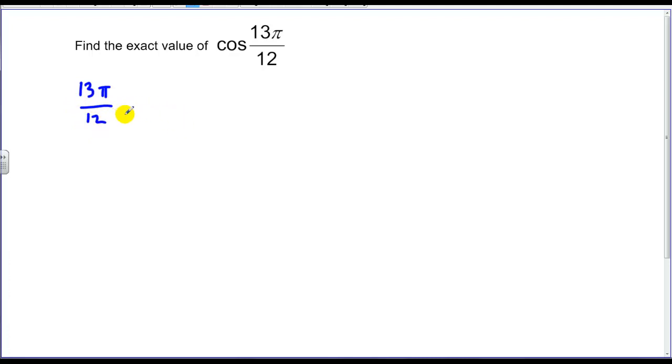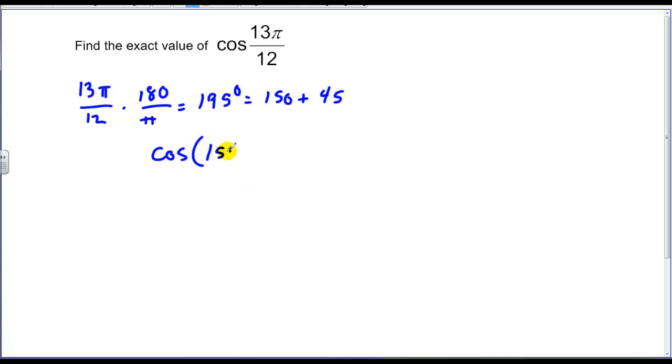Again, we multiply by 180, divide by pi, and that gets us 195 degrees. Which I know is, let's see, 195, probably 150 plus 45 is the easiest way to do that. So what we're looking for is the cosine of 150 plus 45 in this case.